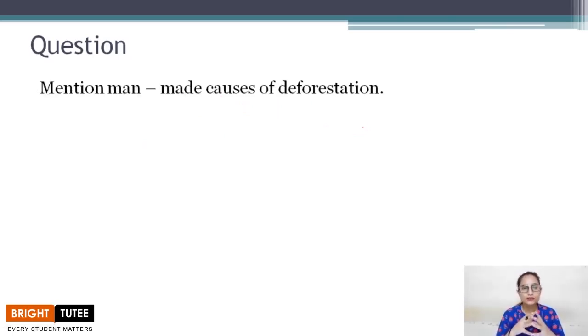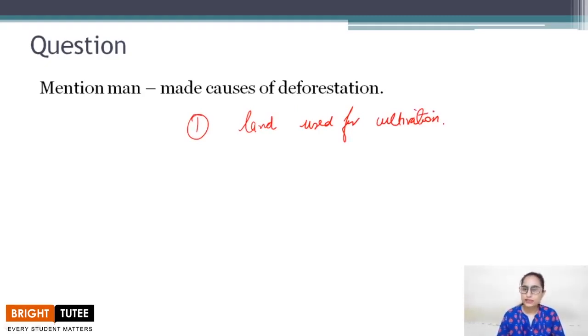Next question. Mention man-made causes of deforestation. First one being land used for cultivation. So for cultivation, forests are cleared so that land is available for cultivation. Second is construction of houses and factories, right?